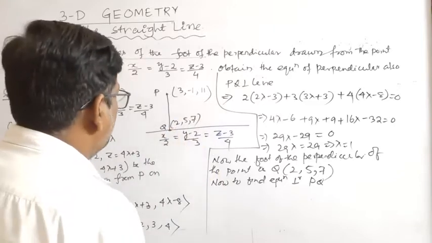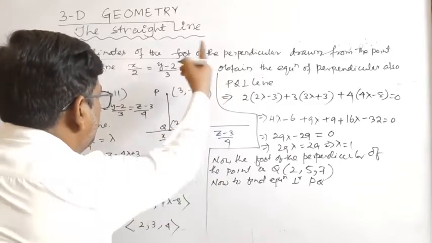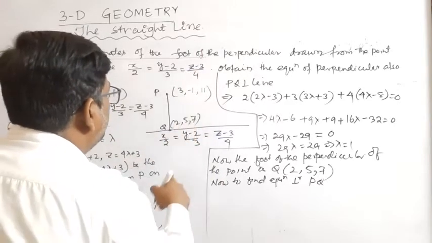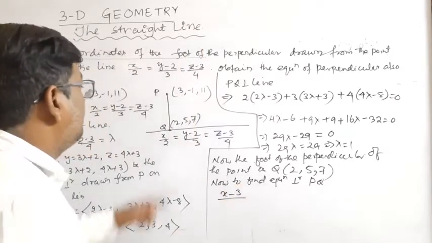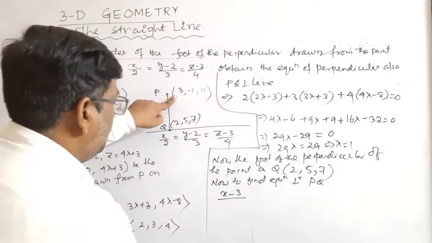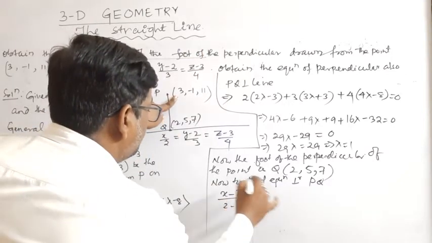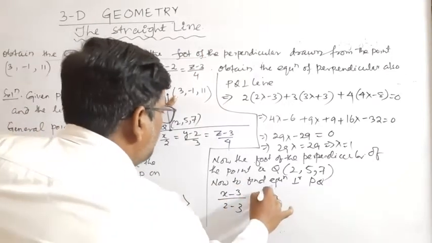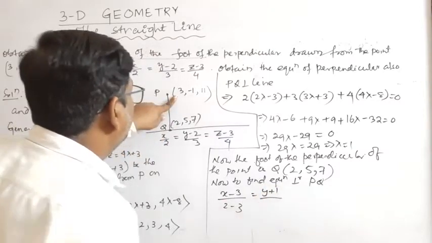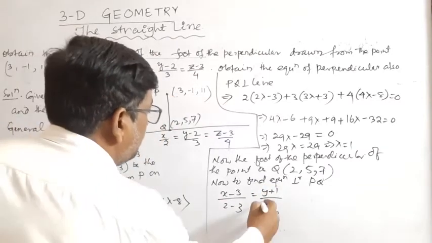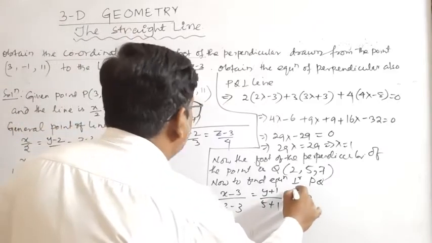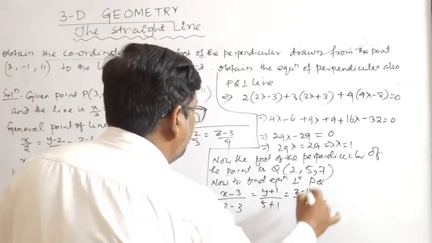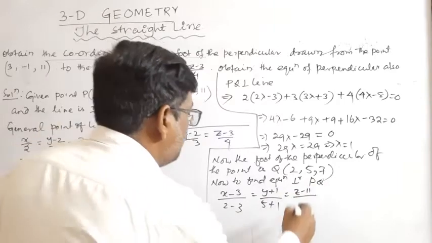So (x - 3)/(2 - 3) = (y + 1)/(5 + 1) = (z - 11)/(7 - 11).